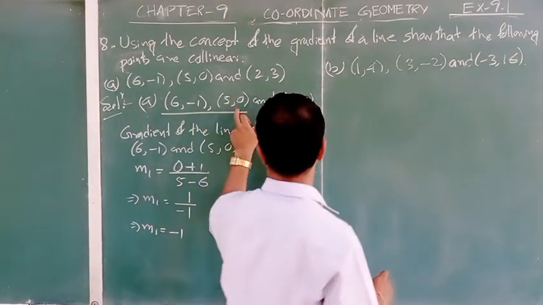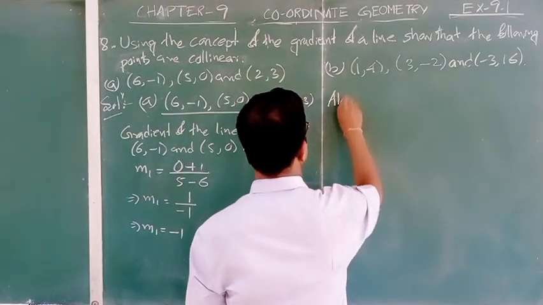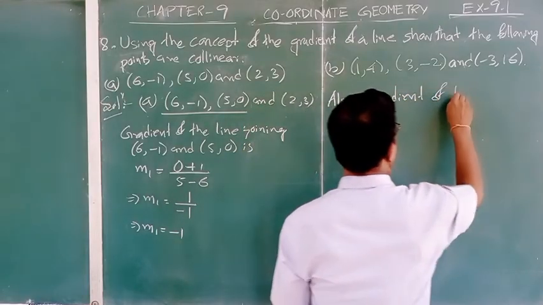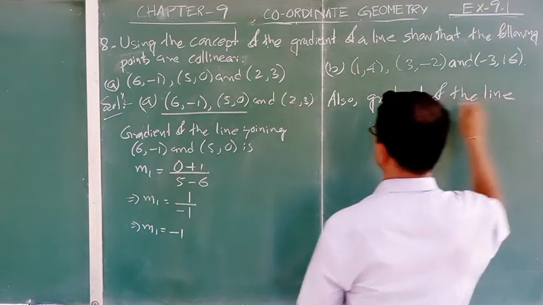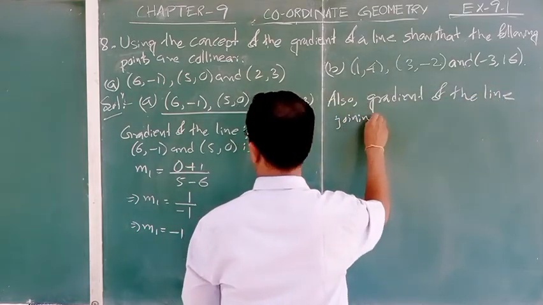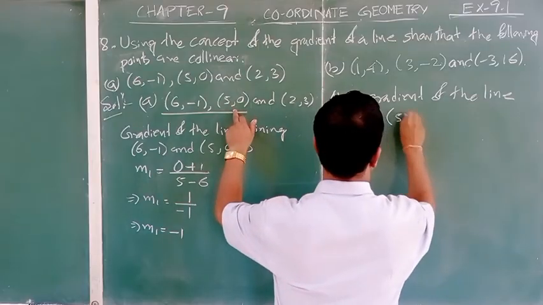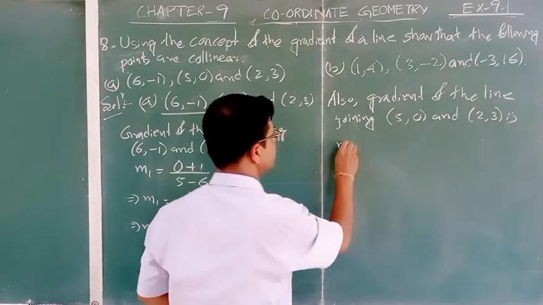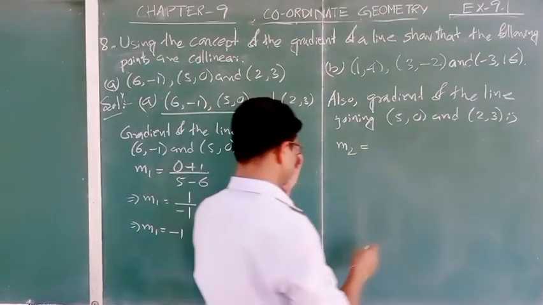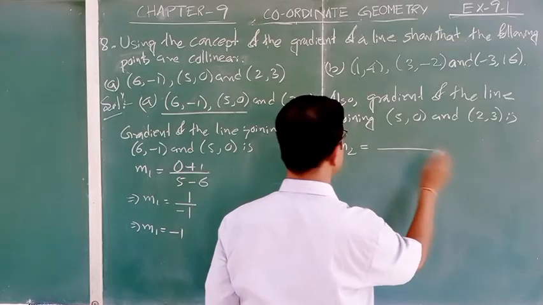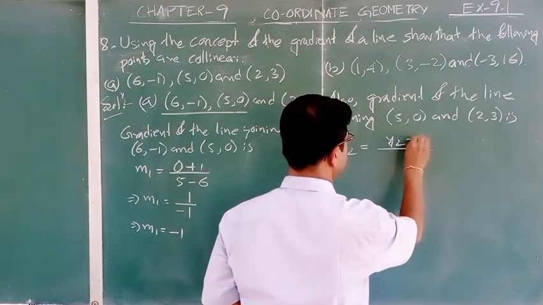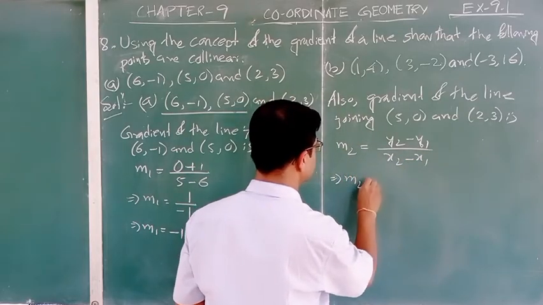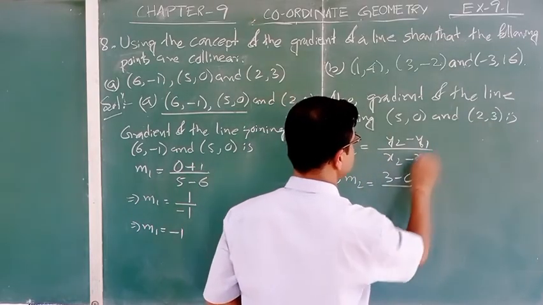Now let us find the gradient of the line joining 5, 0 and 2, 3, which is m2, or you can write tan theta also. The formula is y2 minus y1 over x2 minus x1. Let us write the formula once, this will be practice also. So m2 is 3 minus 0 over 2 minus 5.